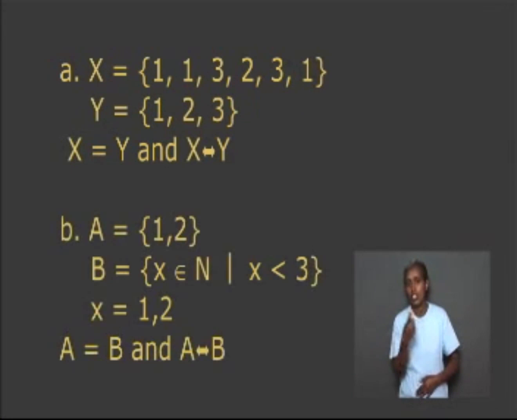The sets A and B are both equal and equivalent. When we study the set B, we find that the only elements of x that satisfy the properties of the set are the elements 1 and 2. This means that A is equal to B and therefore equivalent.